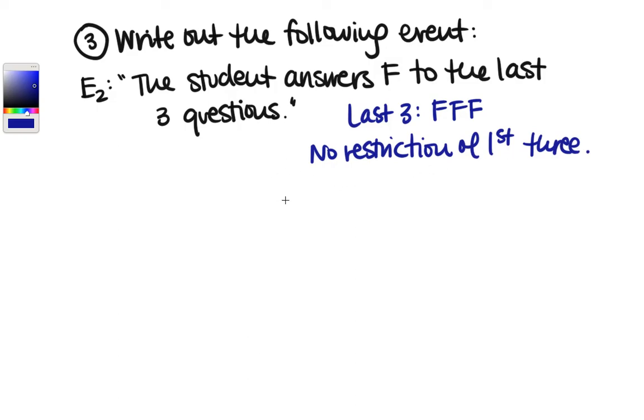They can be anything. So they could be all true with those 3 F's on the end. We could have 1 F out of those first 3.